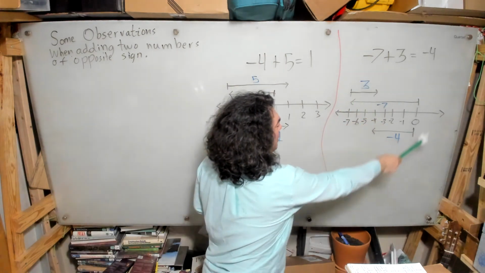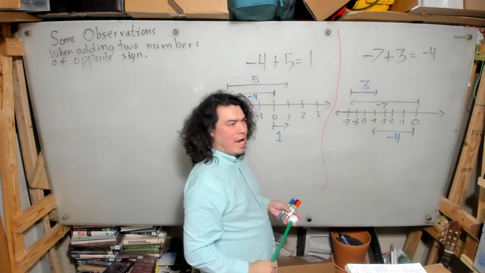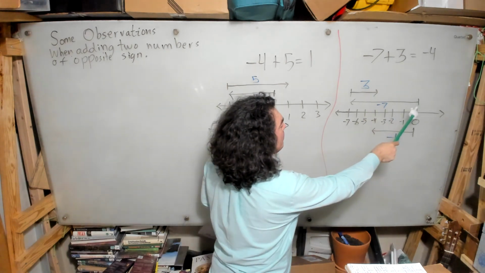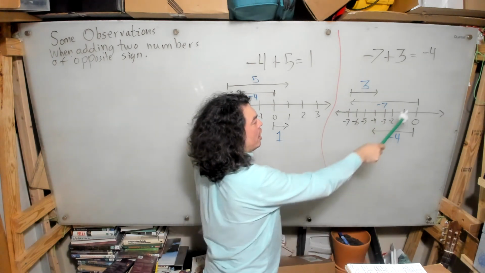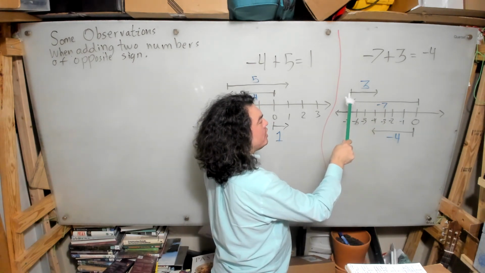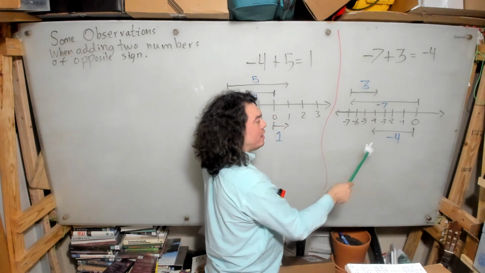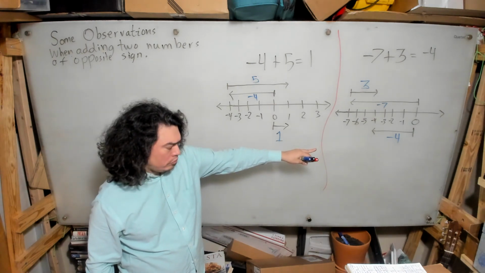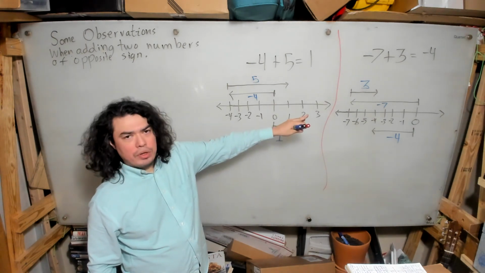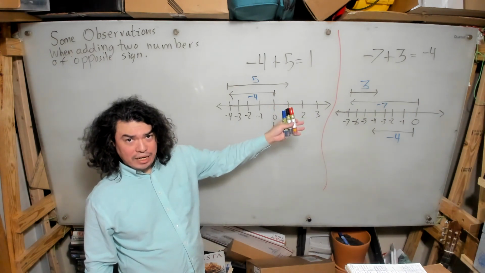If we look at this example here, it's kind of more exaggerated, the difference of the arrows representing the numbers being added. And so we can see, the arrow representing the negative number, which is negative 7 here, is much longer than the arrow representing the 3 here. And so you can see that the arrow representing the sum does in fact have the same direction as the arrow representing the number being added which is longer.